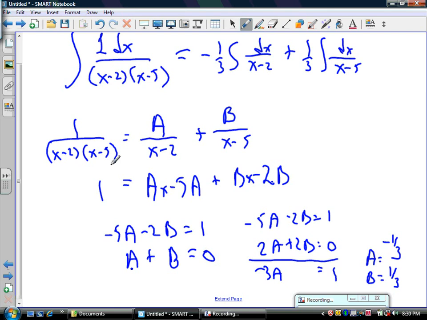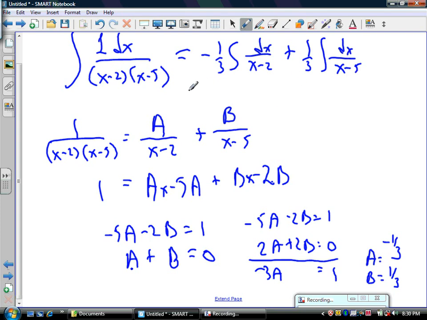See what I did? I just put negative 1/3 here, I put positive 1/3 here, and I put the integration symbols back in. That's all I did.